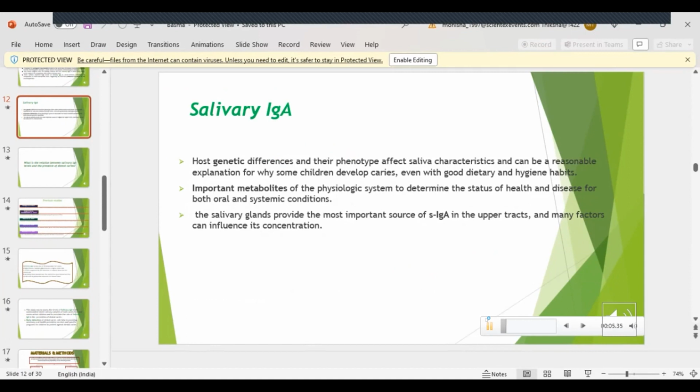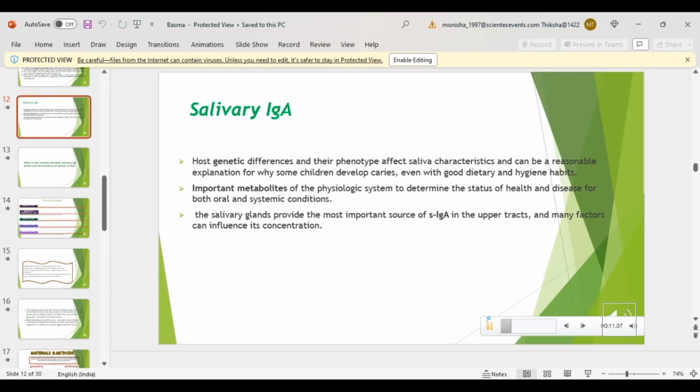So host genetic defenses and their phenotype affect the saliva characteristics and can be a reasonable explanation for why some children develop caries even if they have good dietary and hygiene habits.